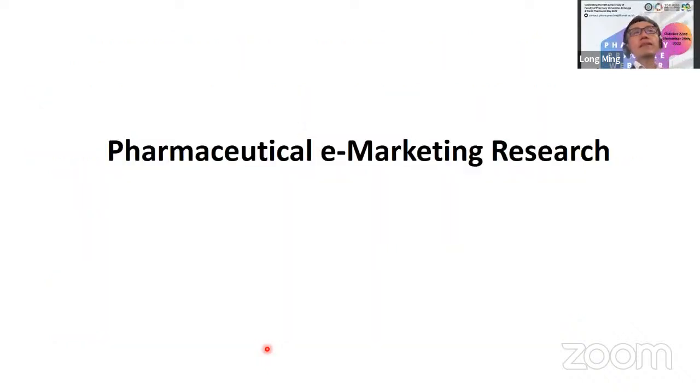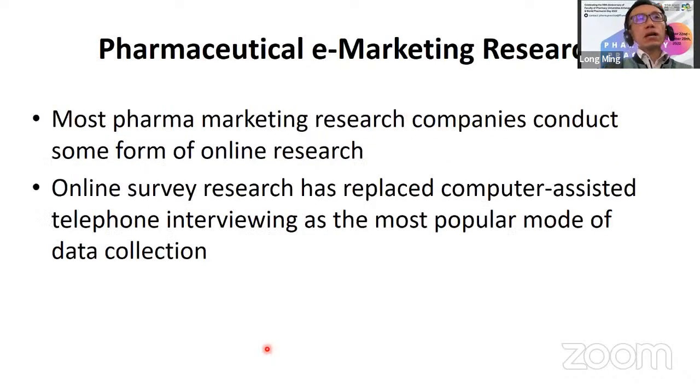Let's quickly look at pharmaceutical e-marketing research. Now most pharma marketing research companies conduct some form of online research. This online research has slowly phased out computer-assisted telephone interviewing, because we are getting busier.